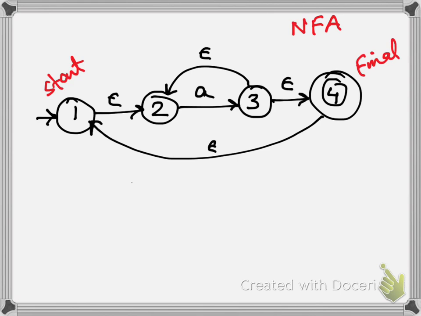When we want to compute the epsilon closure of a state, say 1, 2, 3 or 4, we have to find the set of all states that are reachable from that particular state following a series of 0 or more epsilon transitions.